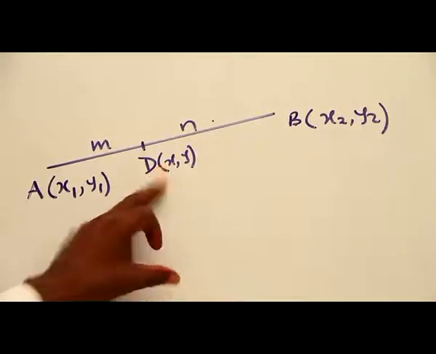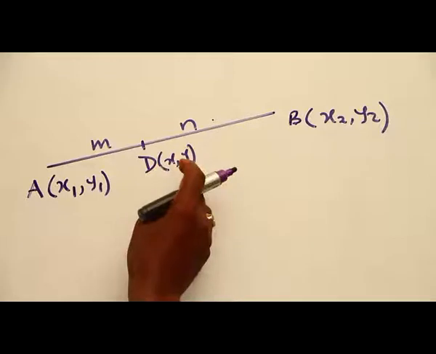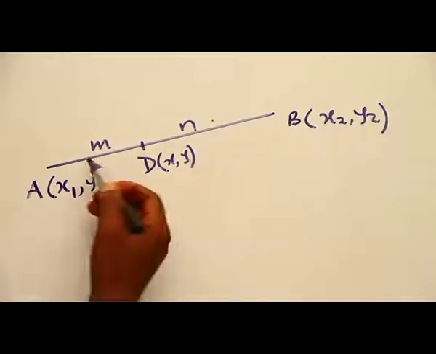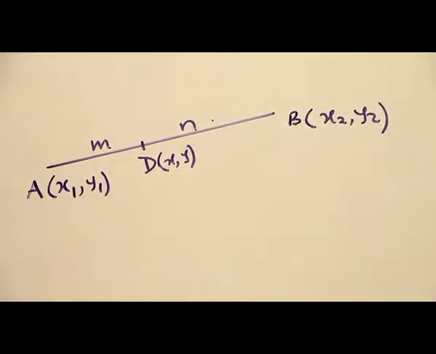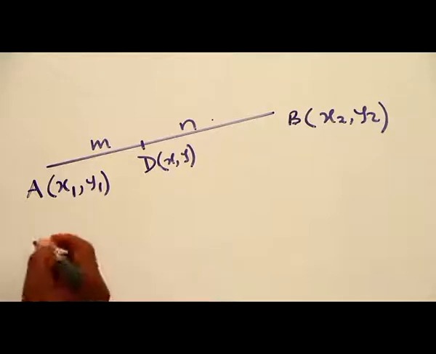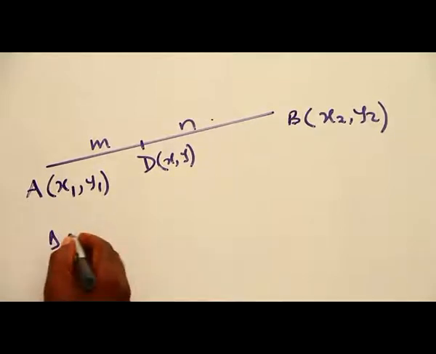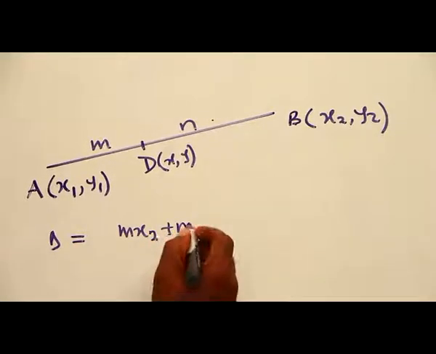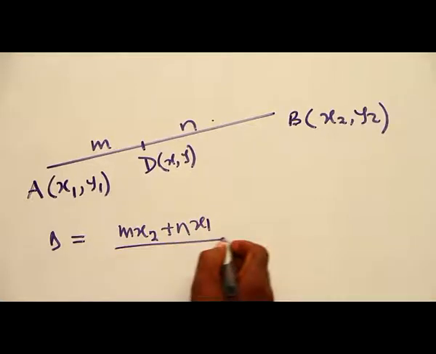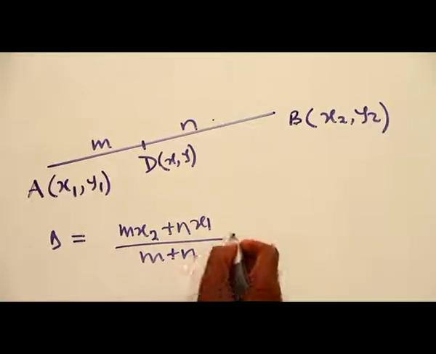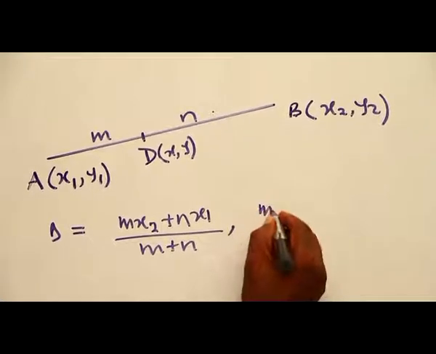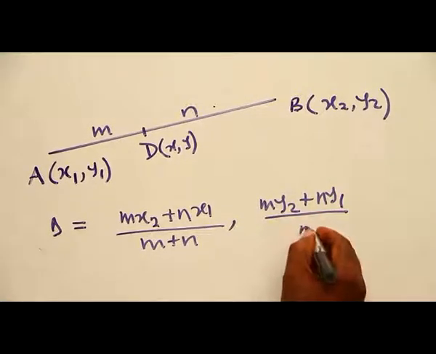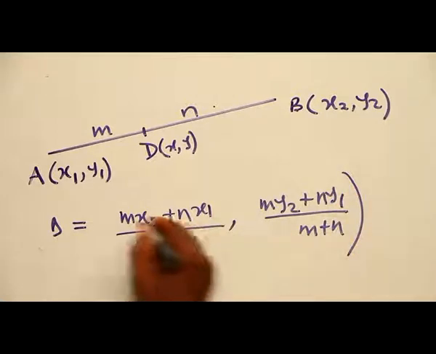Our interest now is to find the value of x and y if the line AB is divided internally in the ratio m to n. So our D will be equal to (m x2 plus n x1) divided by m plus n, comma, then (m y2 plus n y1) divided by m plus n. We now close the bracket.